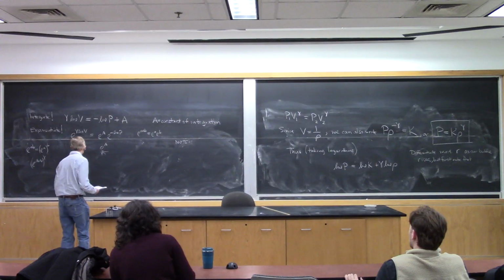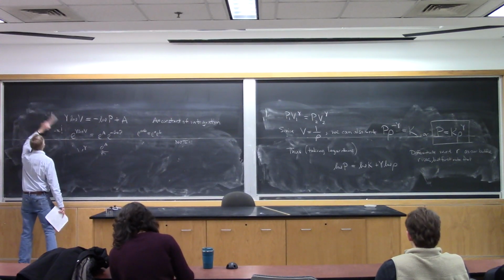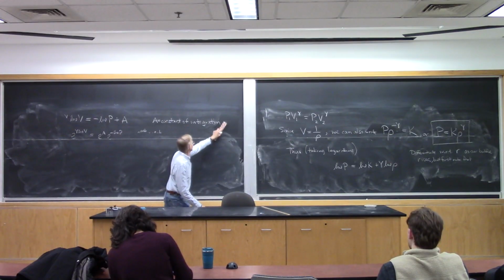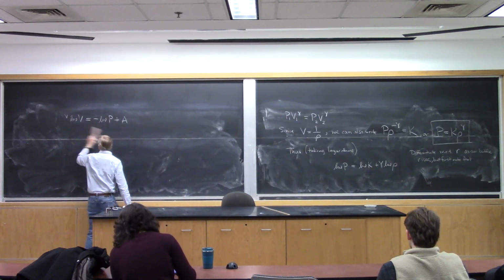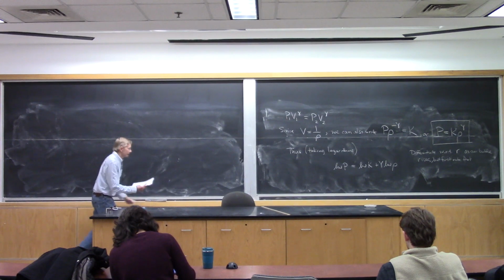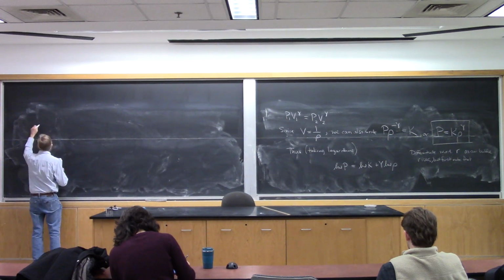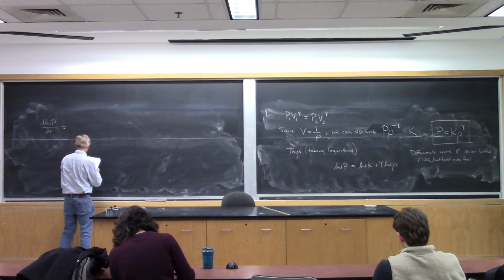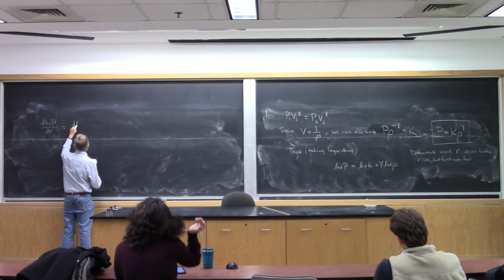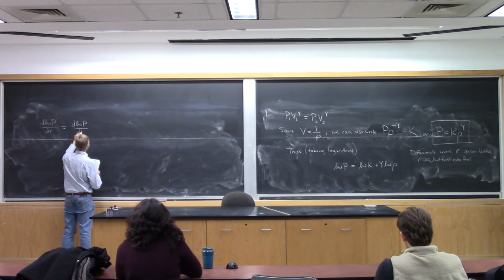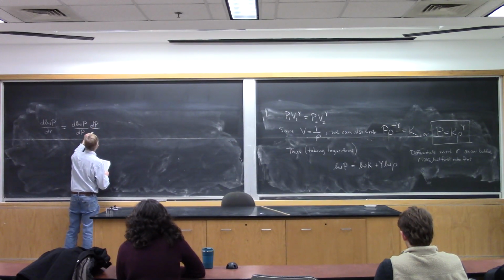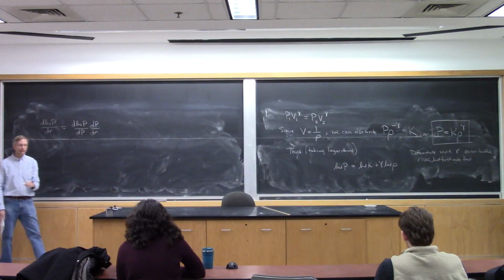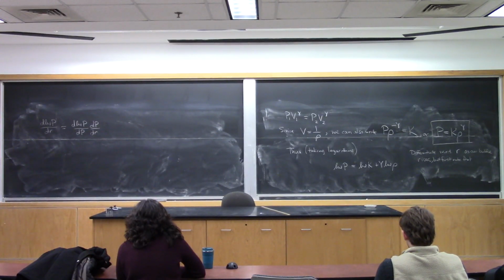Okay, so if I look at d log P dr, well, that's equal to d log P dP times dP dr, by the famous, from calculus, chain rule.